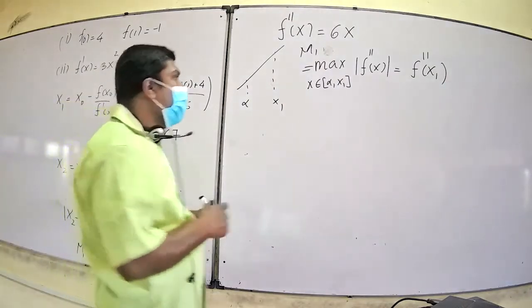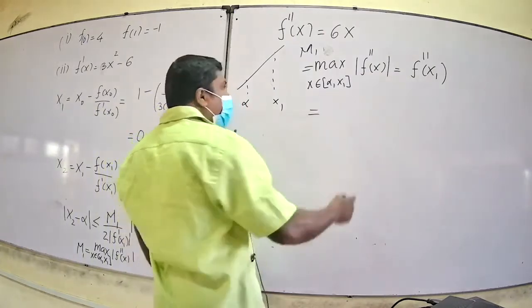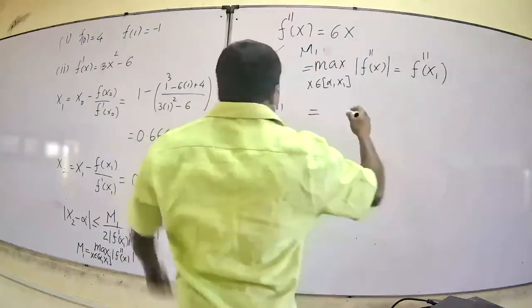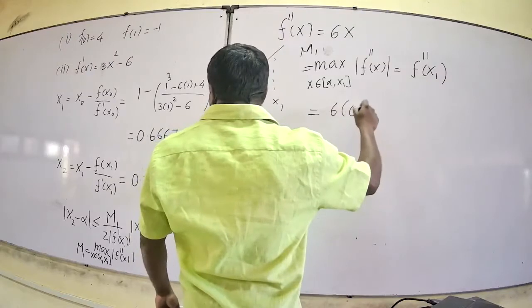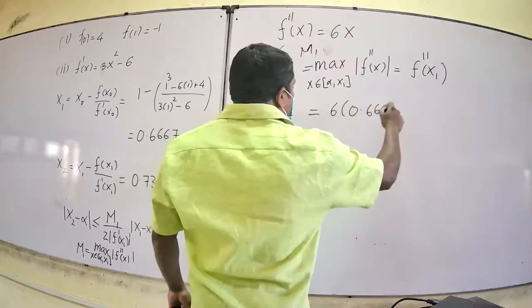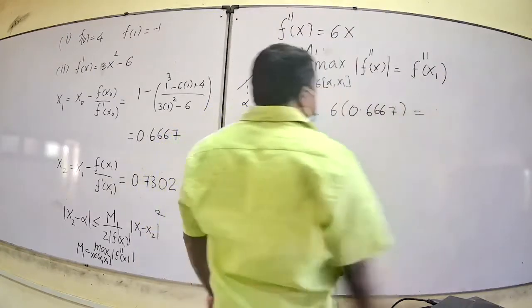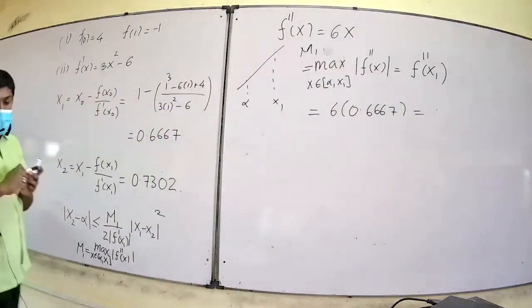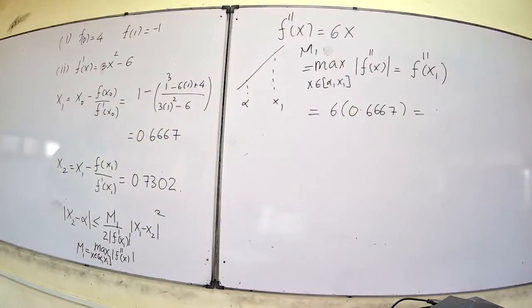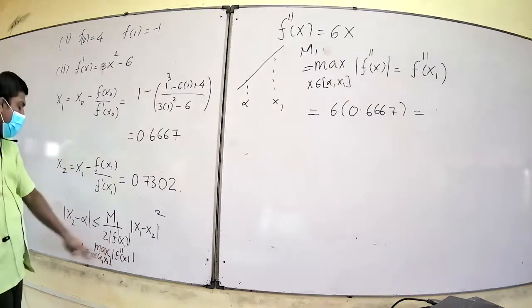Okay, so you get the value. So that's going to be what? 6 times 0.6667. Right, so you will get some value. And also you can get all the other values, right?